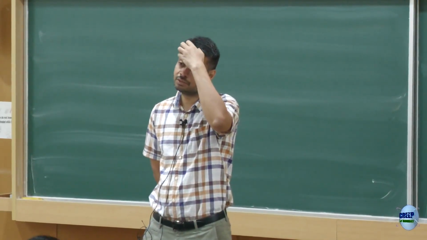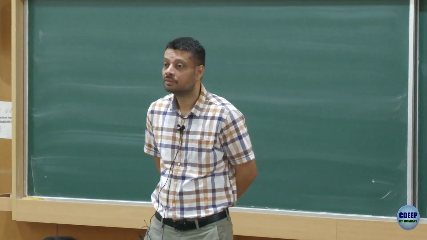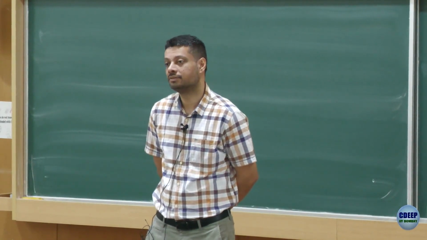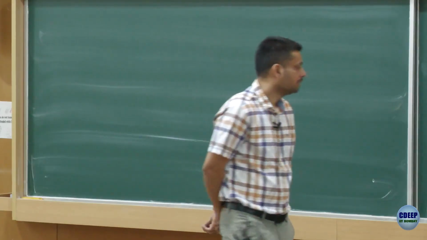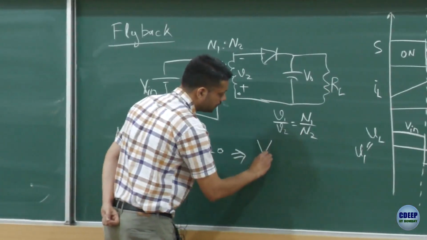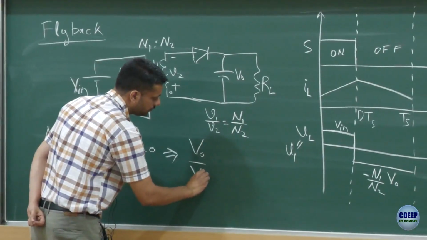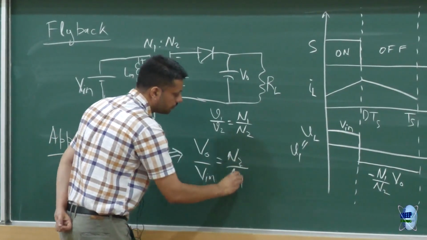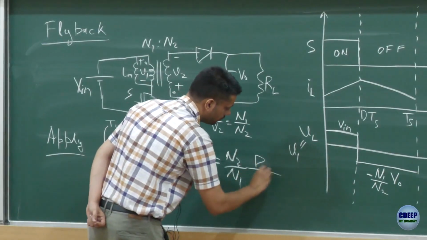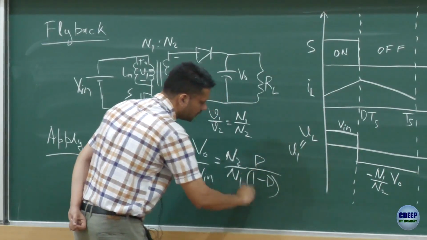V0 by Vin is equal to N2 by N1 into D by (1 minus D). Okay, good. All of you are getting that.